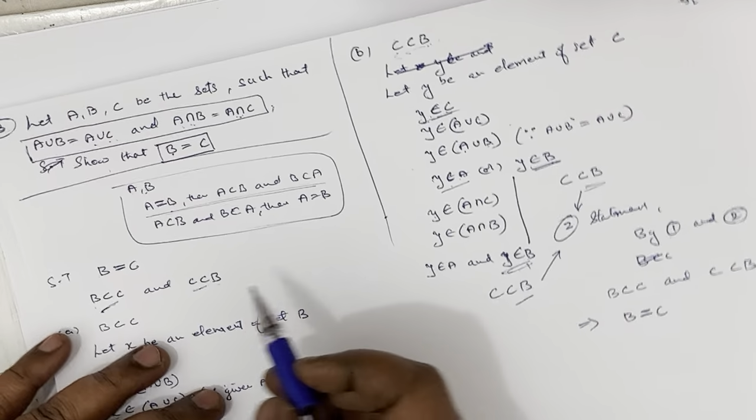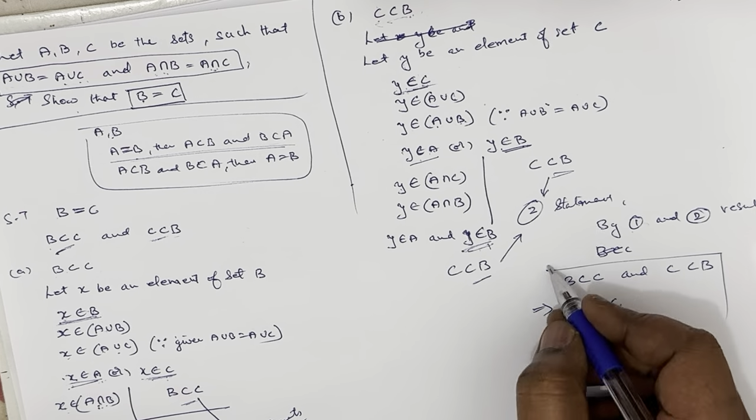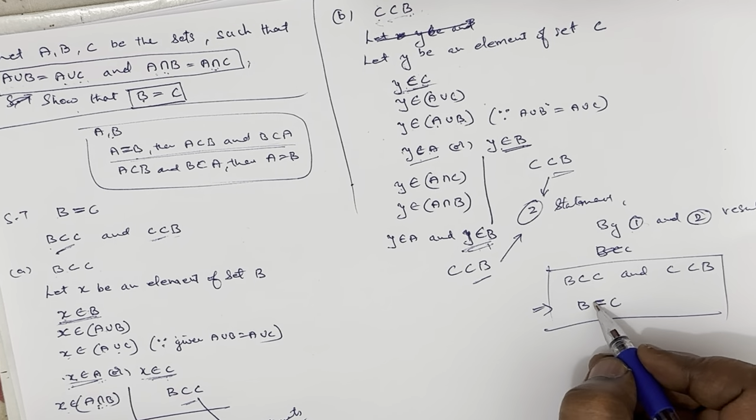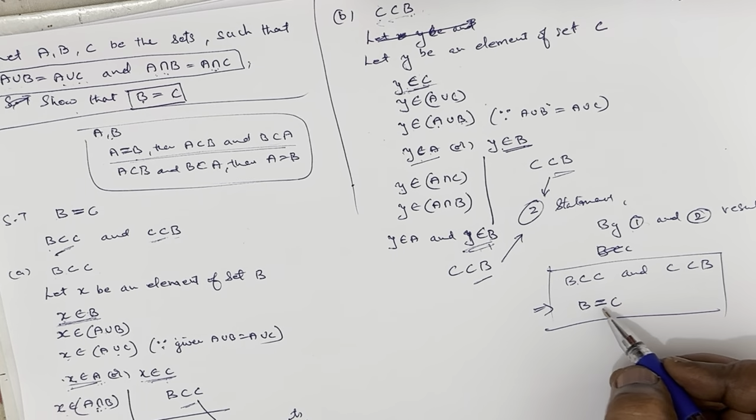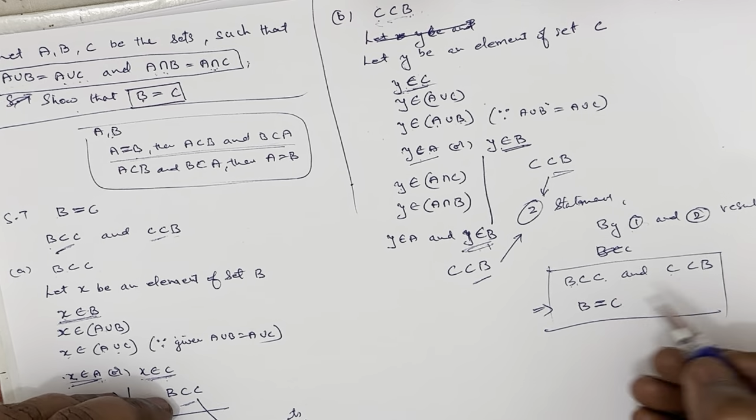We have proved it: B is equal to C by showing that B is a subset of C and C is a subset of B. That's it.